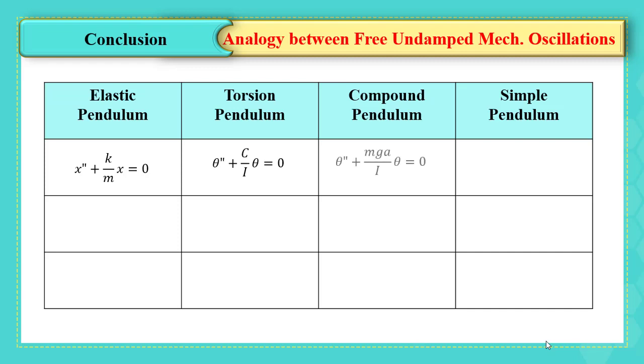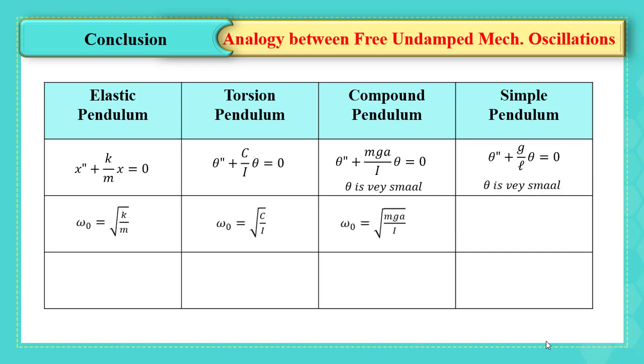You can observe that each one has its own angular frequency and period depending on the characteristics of the oscillator, either k and m for the elastic pendulum, C and I for the torsion, m, g, a and I for the compound pendulum, and finally just g and L for the simple pendulum.